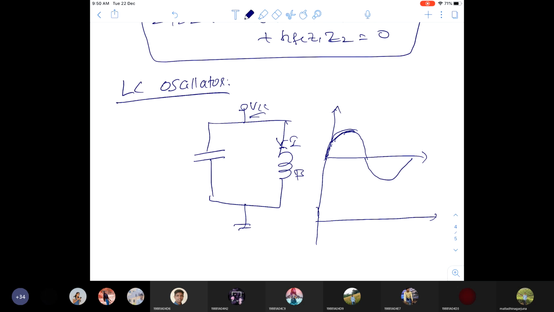Remember one thing: if the inductor is charging, the capacitor is discharging. Once the inductor is completely charged, it will discharge into the capacitor.